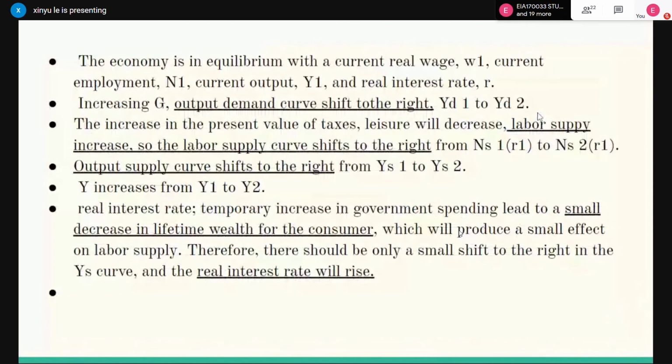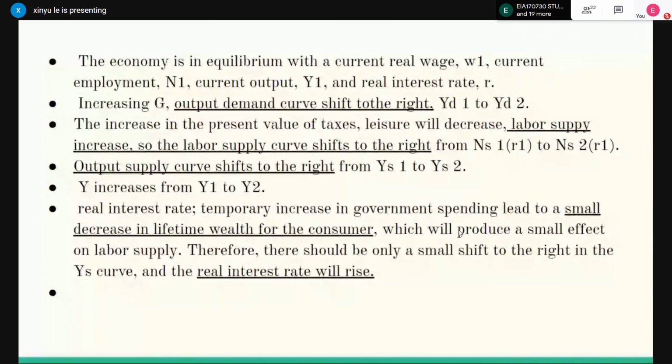Next. The economy is in equilibrium with a current real wage, W1, current employment, N1, current output, Y1, and the real interest rate, R. An increase in G will make the output demand curve shift to the right from YD1 to YD2.